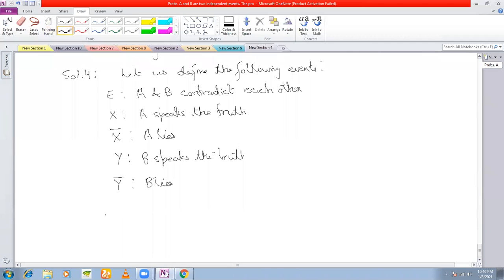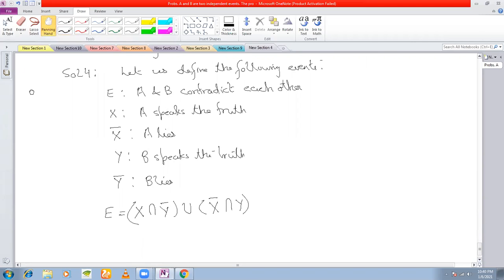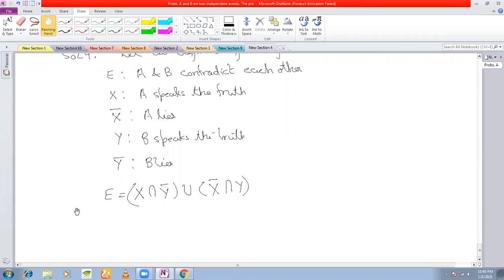And when will they contradict each other? E: when A speaks the truth and B lies, or A lies and B speaks the truth. Now check whether you have understood this. And these are mutually exclusive, so you can add up the probabilities.